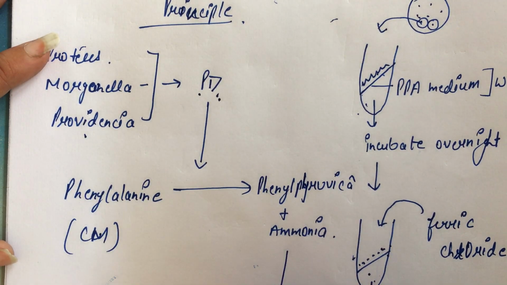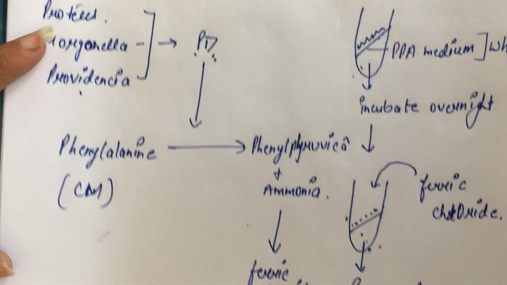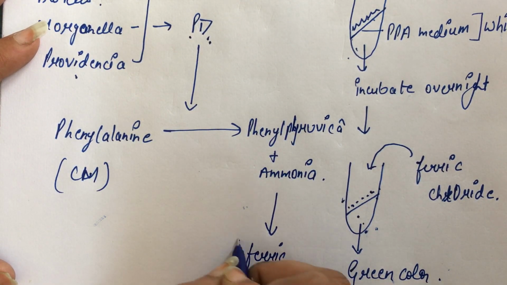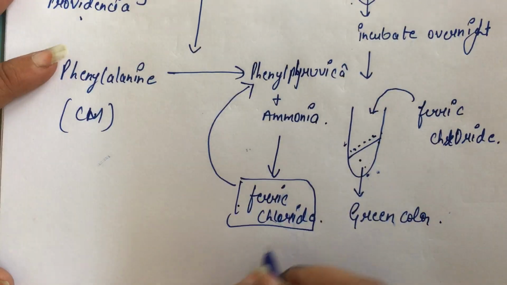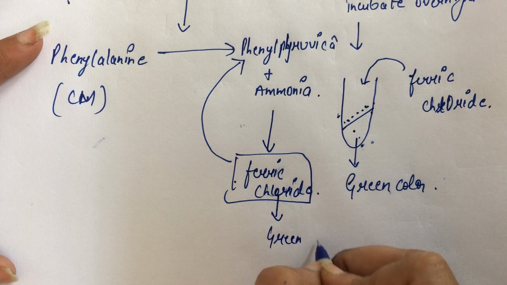And when we add ferric chloride to this reaction, the ferric chloride would react with phenylpyruvic acid and form a green colored complex.